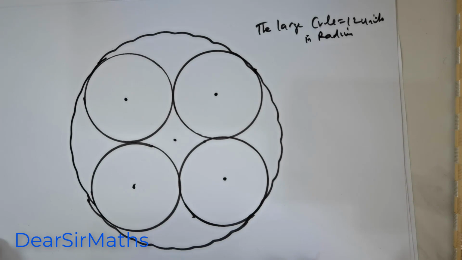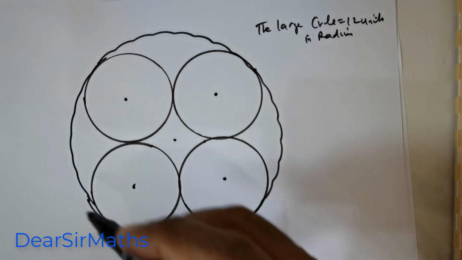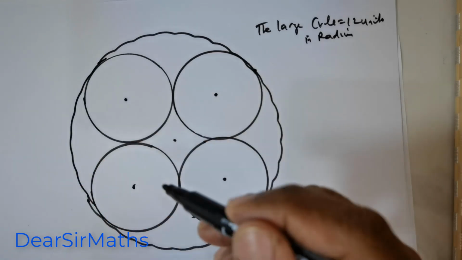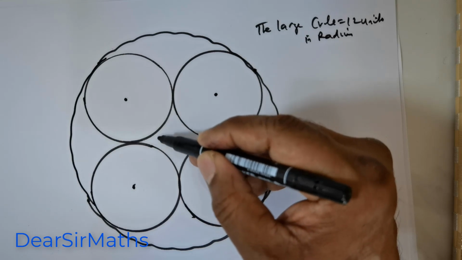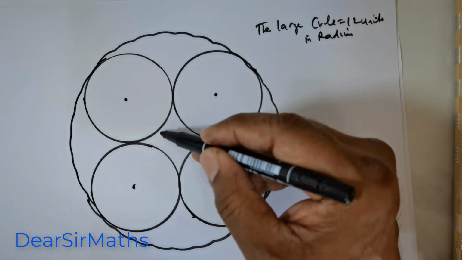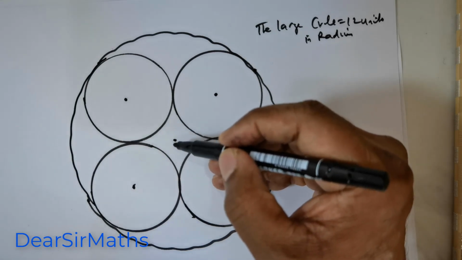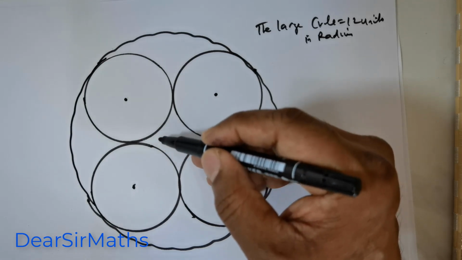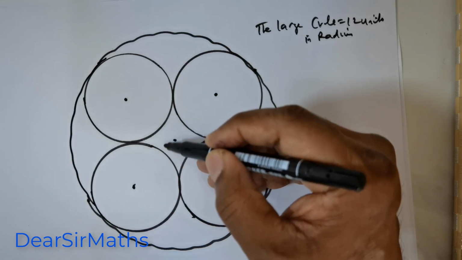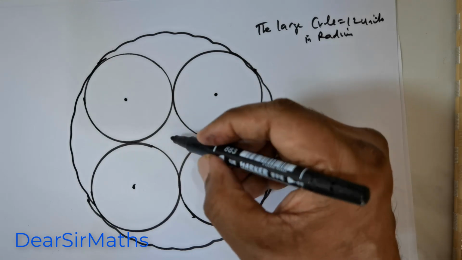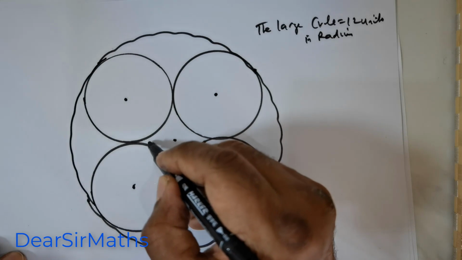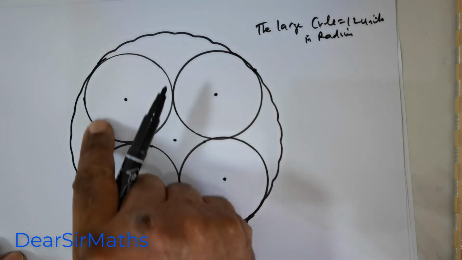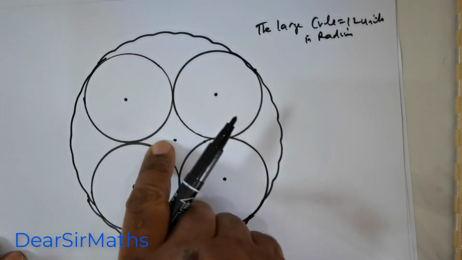Okay, now if you see this figure in the question, we are expected to find this area, and there is an arc here which is actually equidistant from the center. This is an arc that is given in the figure and we are expected to find this area along with this area. So that means the total shaded region.